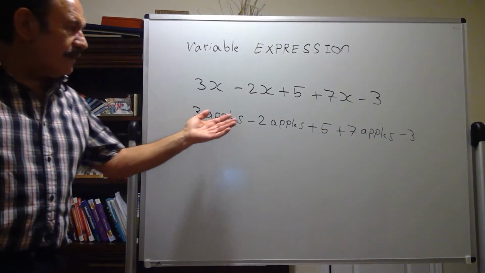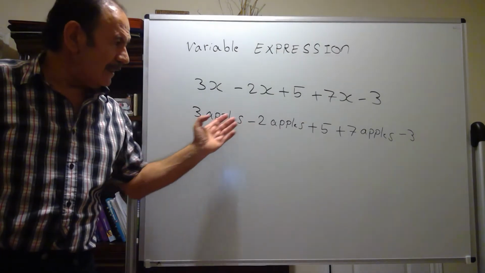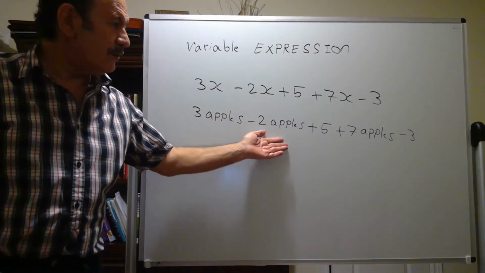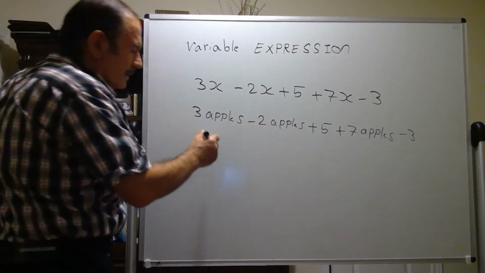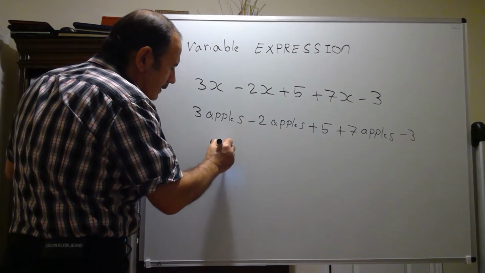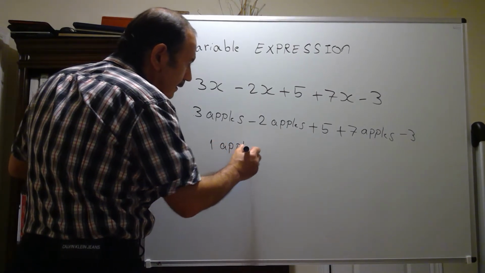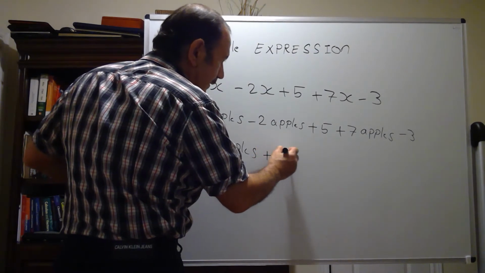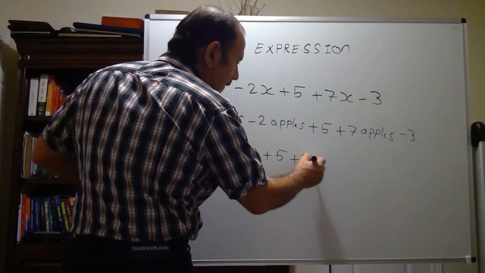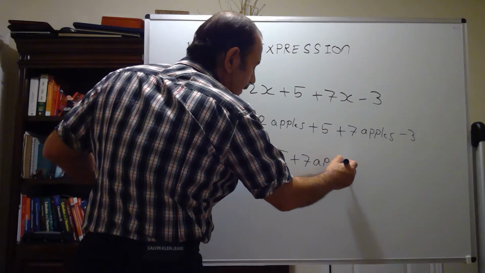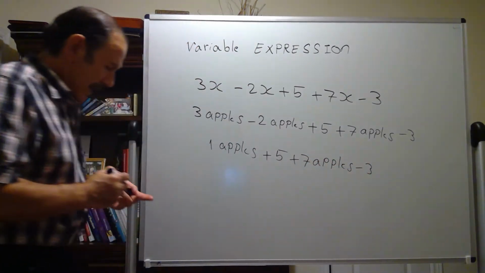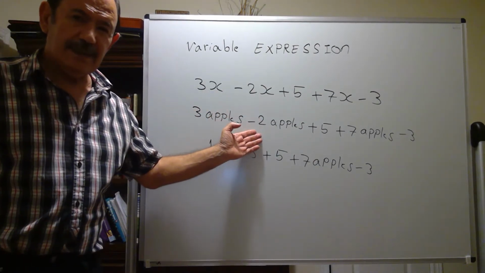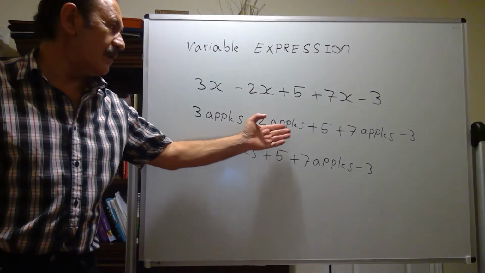Now 3 apples minus 2 apples, I can simplify these two. 3 apples minus 2 apples gives me 1 apple, plus 5, plus 7 apples, minus 3.